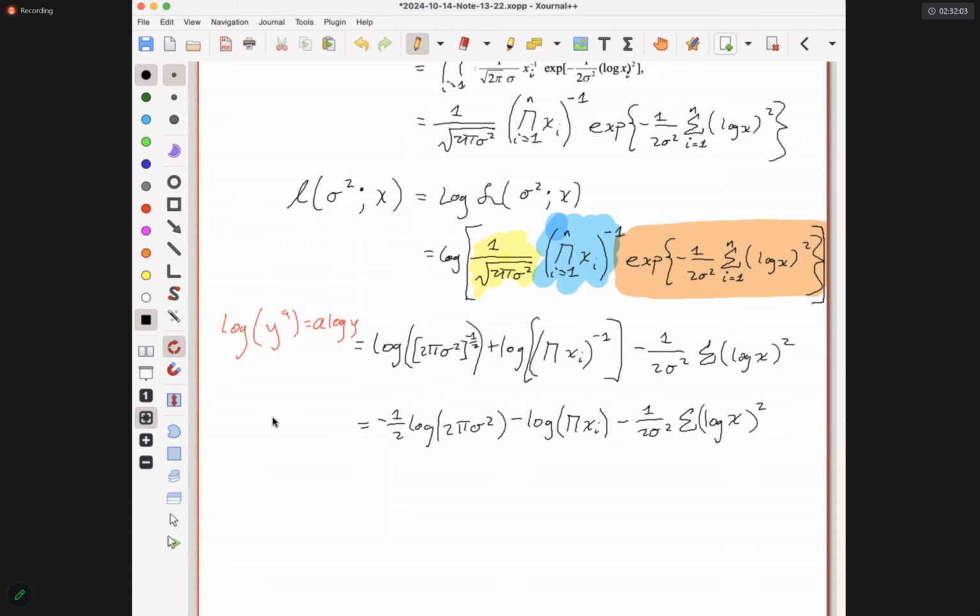No, the power of 2 is outside the log for that one. I'm looking at the middle term.